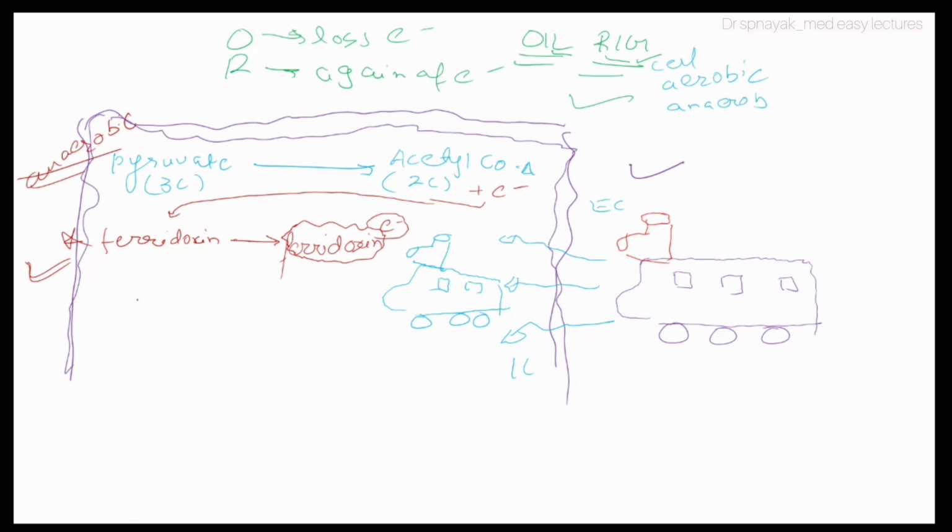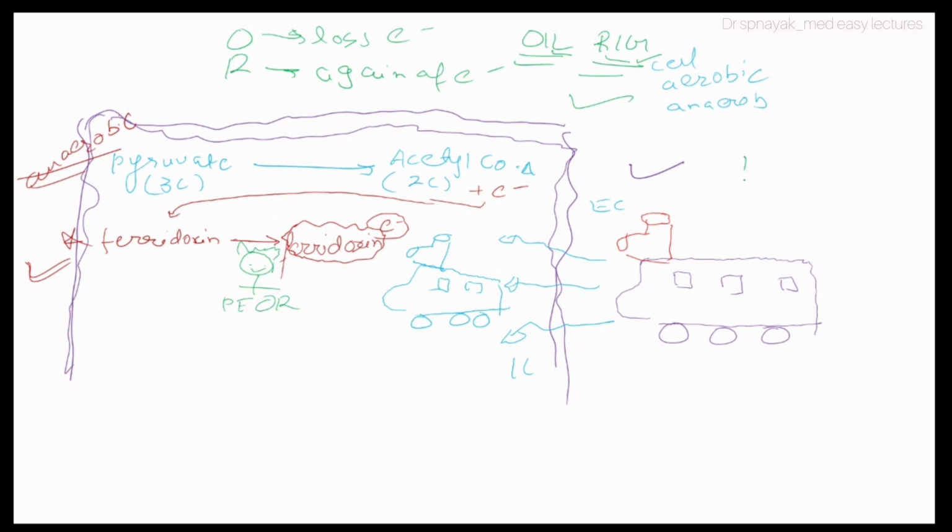So this entire process, the conversion of pyruvate to acetyl coenzyme A, the transfer of the electron to ferredoxin, and the reduction of the ferredoxin, occurs through a special enzyme, which is again present only in anaerobic bacteria and protozoa, known as P4.